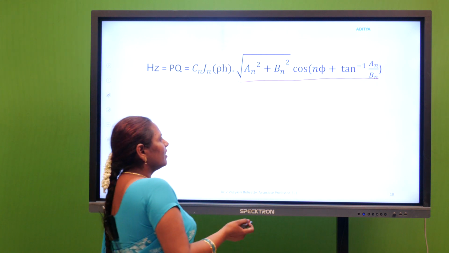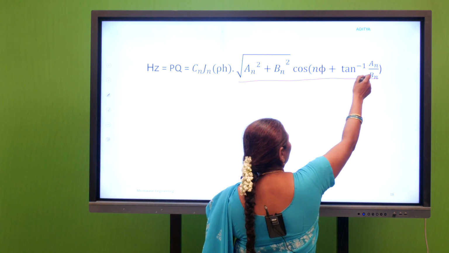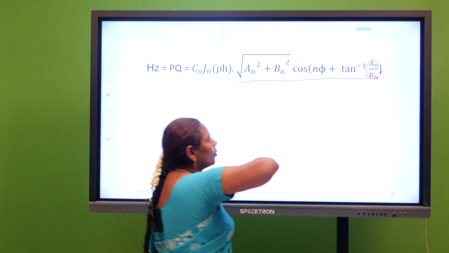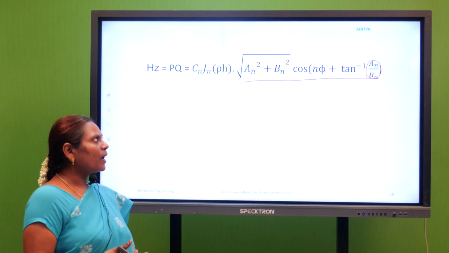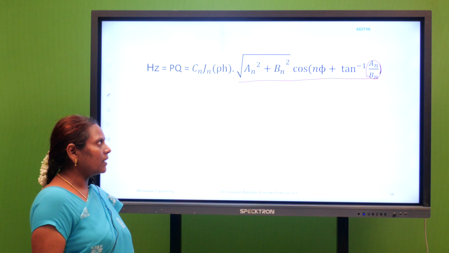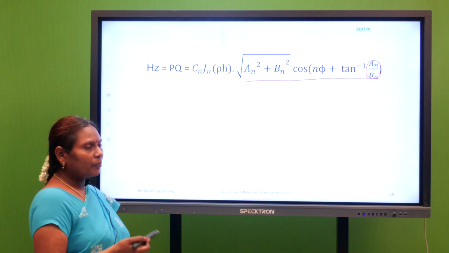And generally this coefficient is very small, so we can also consider n phi plus tan inverse An by Bn as simply equal to some n phi.